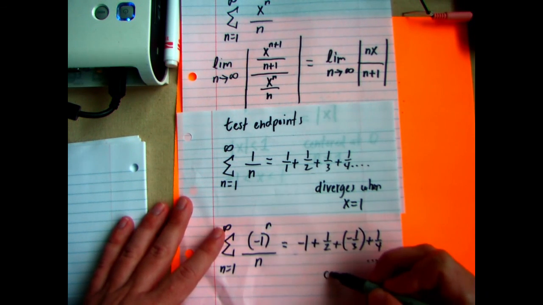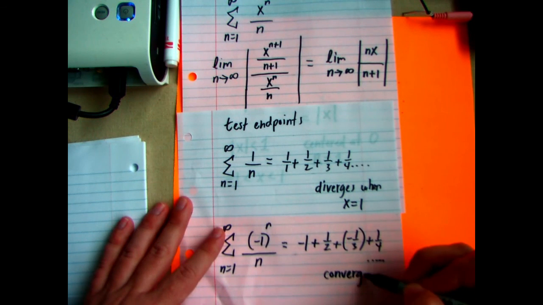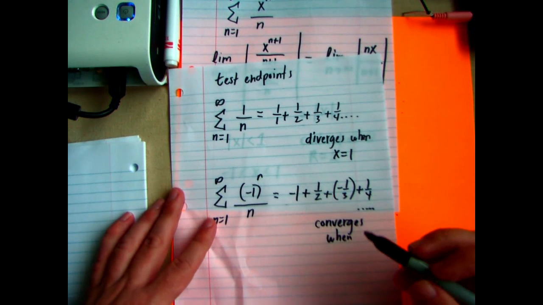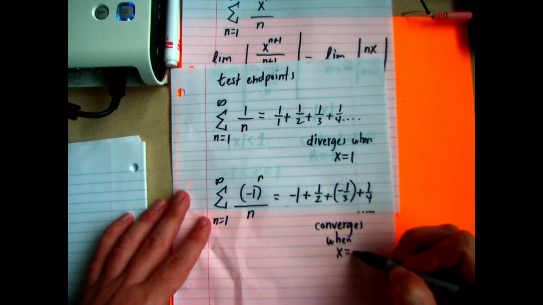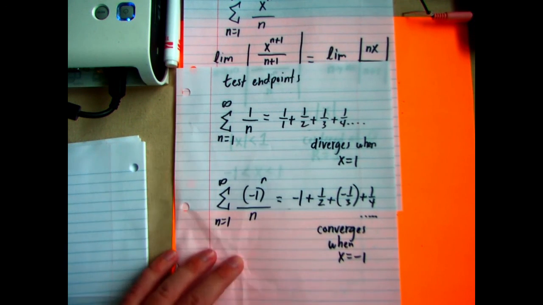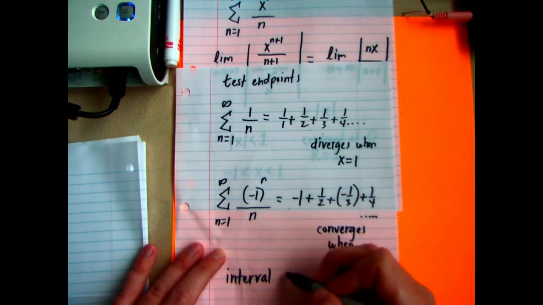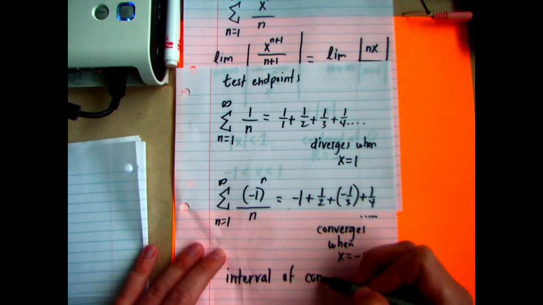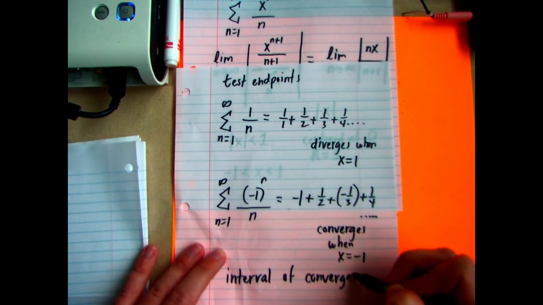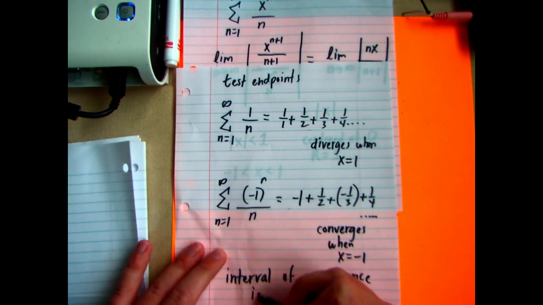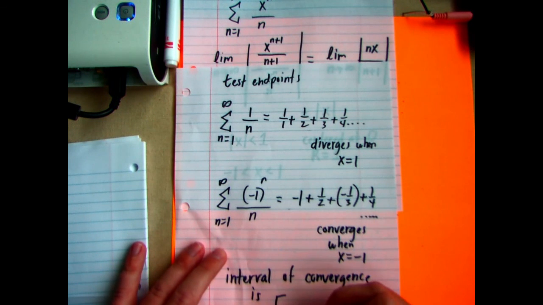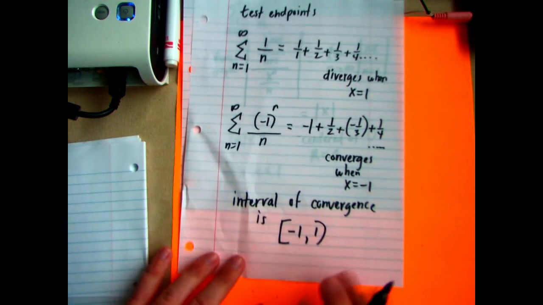So that is a sum that is converging. So it would appear that when x equals negative 1, I want to include that in my interval of convergence. So I'm going to write my final interval of convergence. It's going to go from negative 1 to 1. It's not going to include positive 1, but it's going to include negative 1.